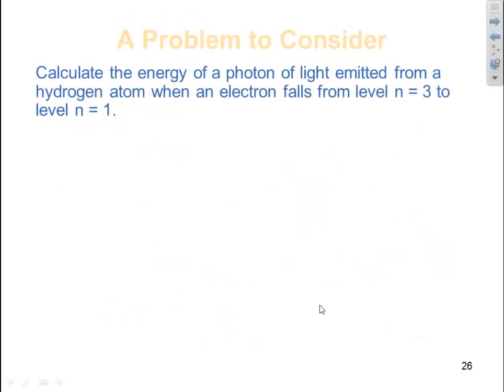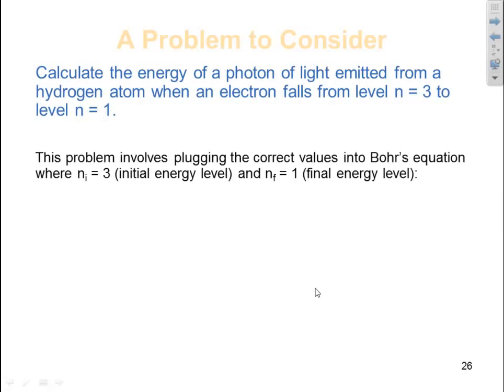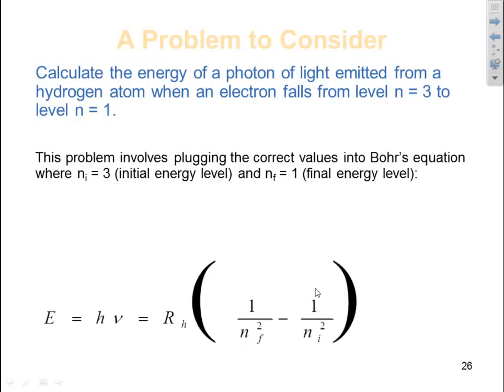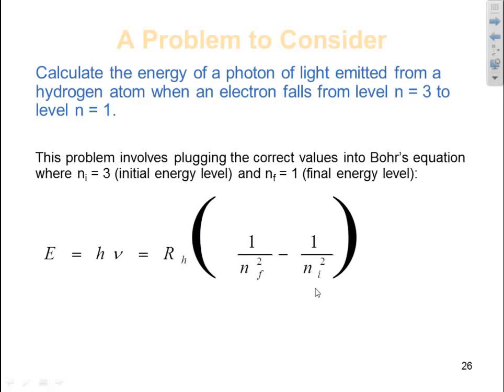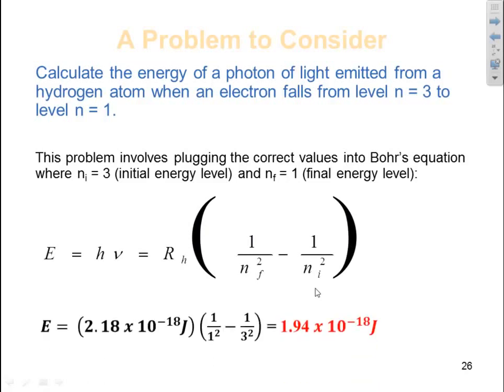Let's use this equation and calculate the energy of a photon of light emitted from a hydrogen atom when an electron falls from a level of n equal 3 to n equal 1. The problem involves plugging the correct values into Bohr's equation, where n initial equals 3 and n final equals 1. Here's the equation. Plug in the values.